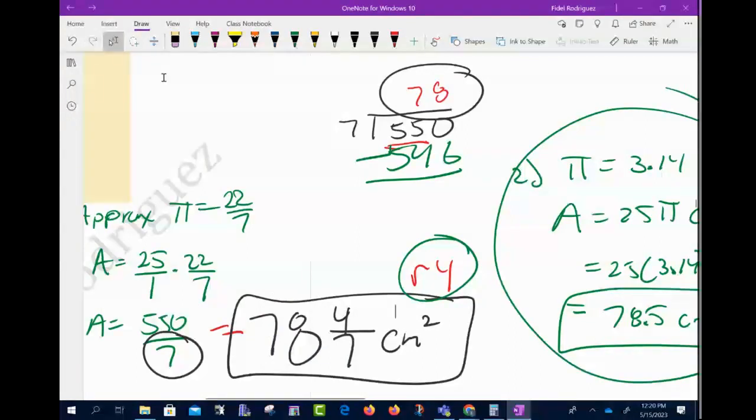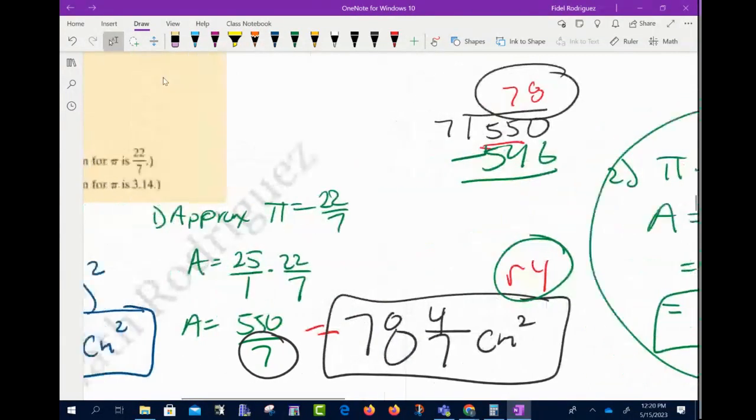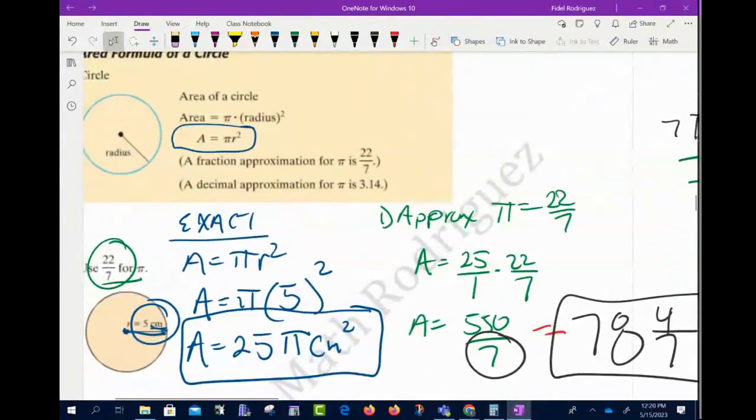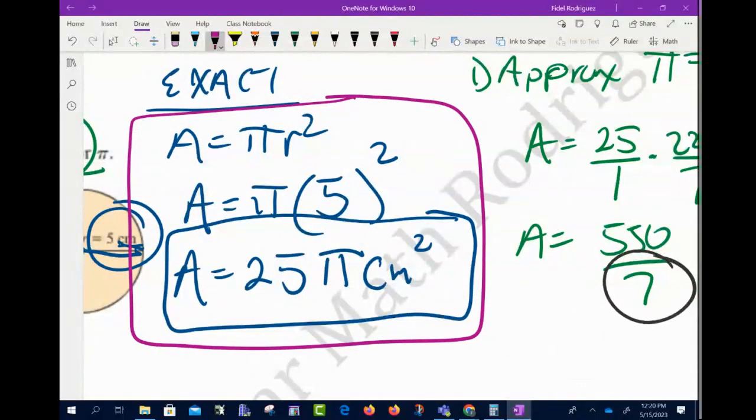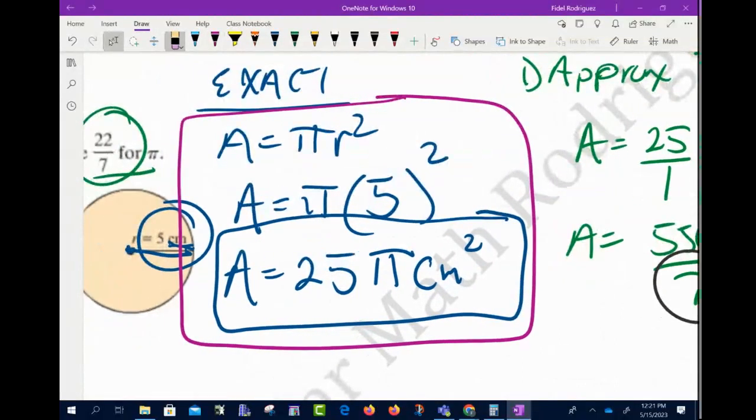Yes, ma'am. Okay, good question. Right here. Remember when we did our problem, from the very beginning, the formula is pi r squared, right? Remember what my radius was? My radius in this problem was 5, right? Remember, it's 5 squared though. What does 5 squared mean?